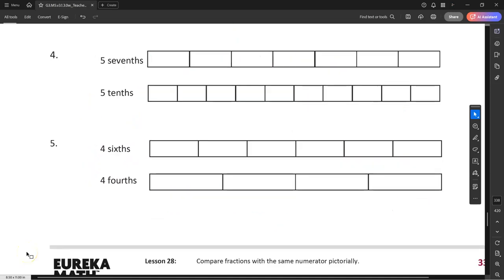Okay, so on this one we have 5/7 and 5/10. So we're going to shade 5 of each one, but first we're going to label 7ths and 10ths. Okay, now that I labeled, all I have to do is shade.